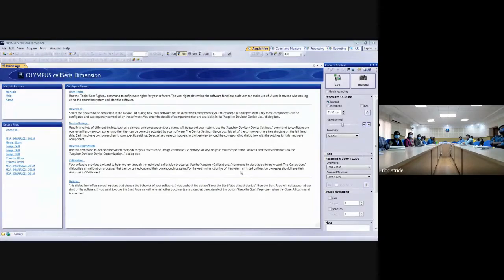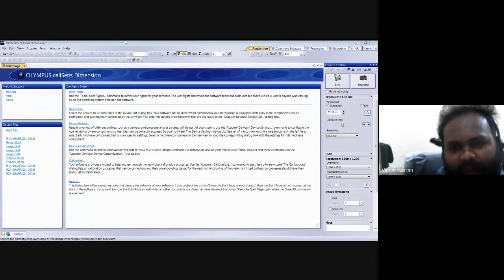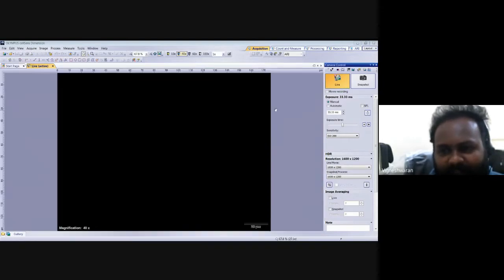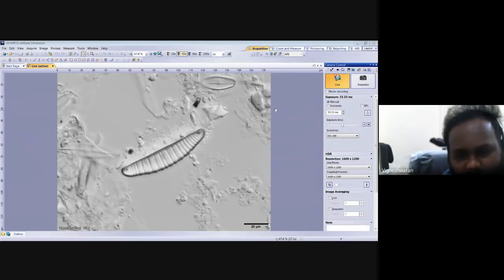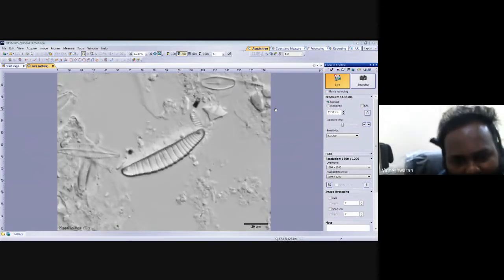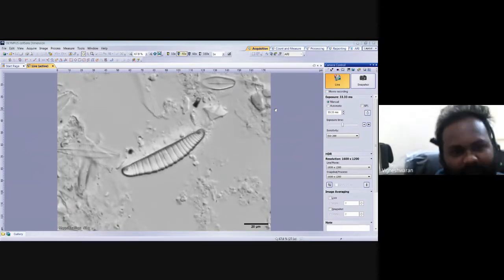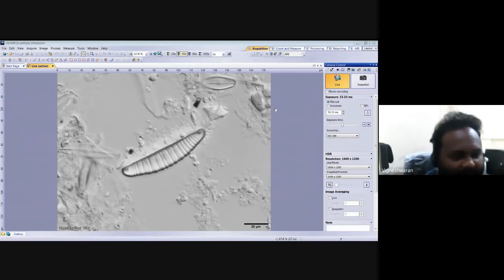Yes, sir. I showed that microscope before. That microscope is the major weapon we are using. To show you, I kept some diatom sample. Now I have kept it at 100x and set the lighting.